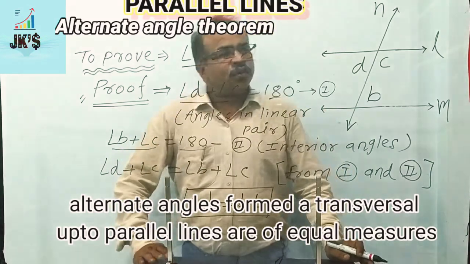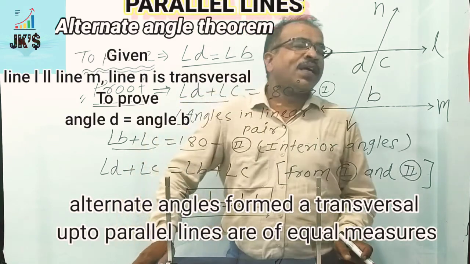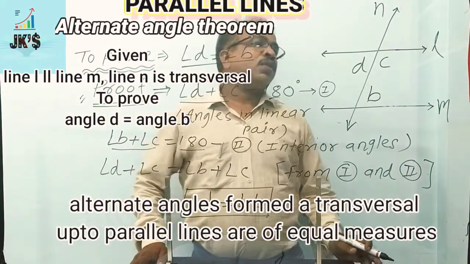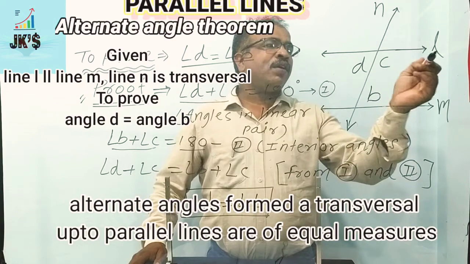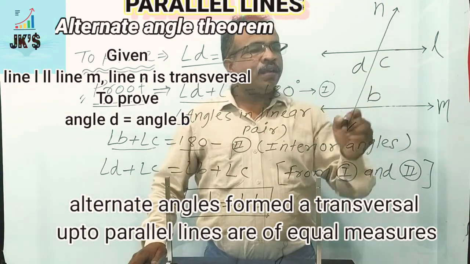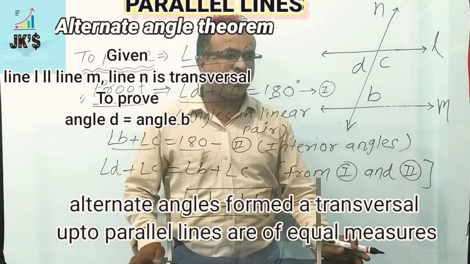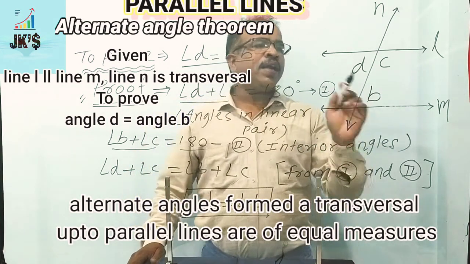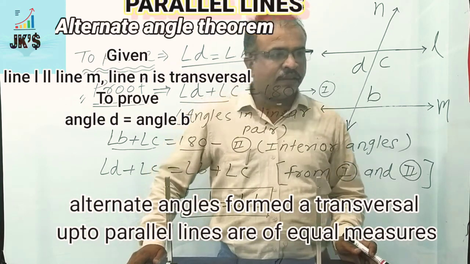Now similarly, what is given? Line L parallel to line M, line N is their transversal, and angle B and D are alternate angles.